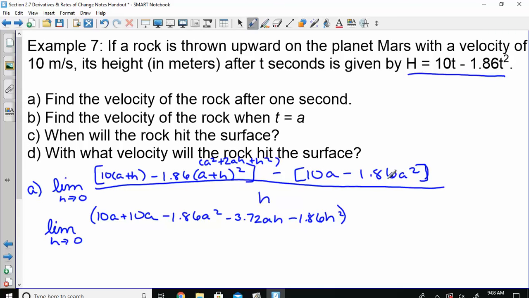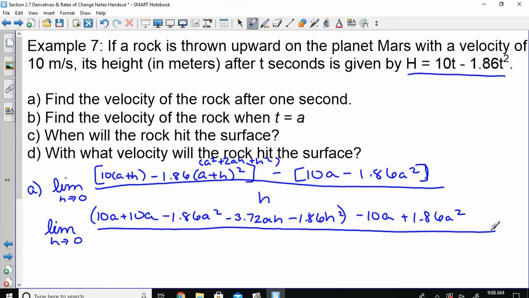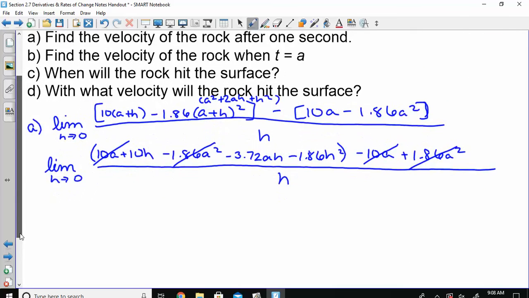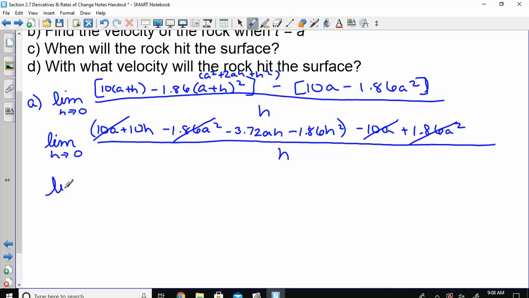All of this came from that first bit. What do I need to do with this second one? Minus 10a plus 1.86a squared. So now, 10a and negative 10a cancel. Negative 1.86a squared and positive 1.86a squared cancel.